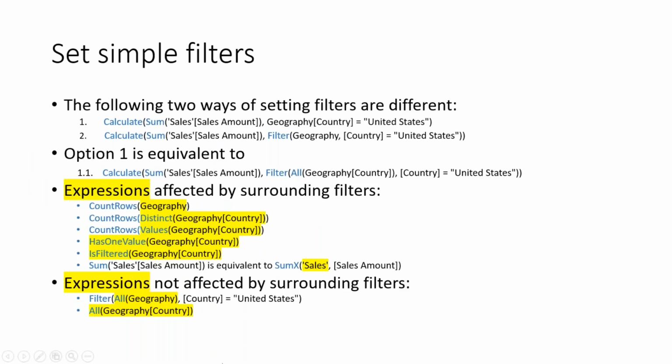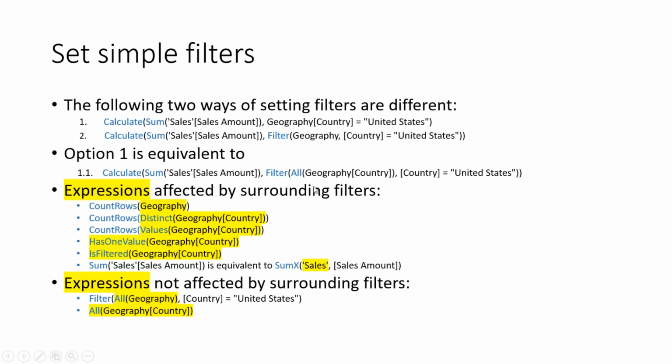So let's go back to the slide. So as I said, if you put ALL around a column name, or ALL around a table name, that means the unfiltered table or the unfiltered column.